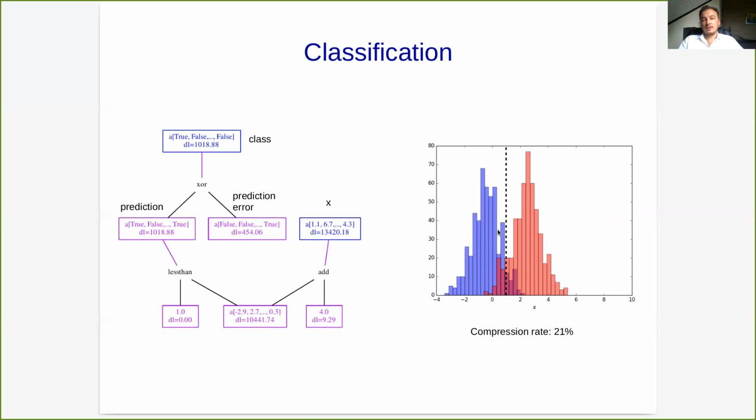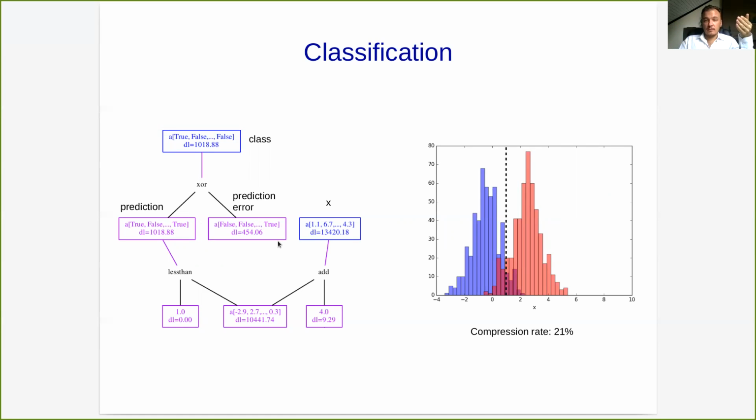So essentially, that's this limit here, and computes a prediction of truths and falses. And then he applies an XOR operator to compute the prediction error by inverting this XOR operator. And essentially, the prediction error is only true where the actual class and the prediction differ. So in that sense, you can look at it as an error.